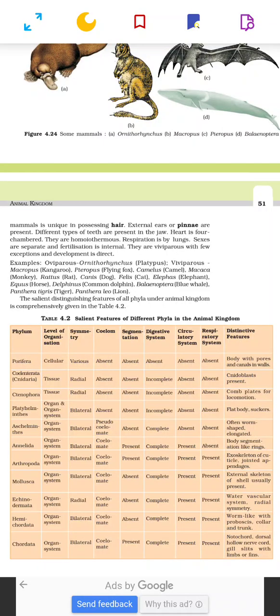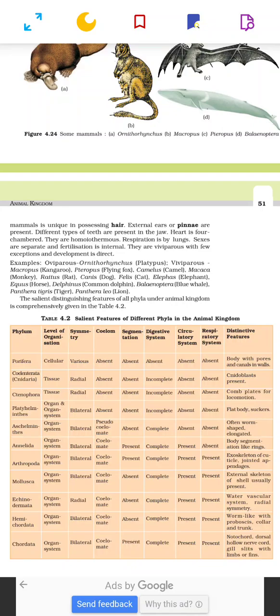From annelida to chordata, that is annelida, arthropoda, mollusca, echinodermata, hemichordata and chordata, circulatory system is present, digestive system is complete, respiratory system is present.